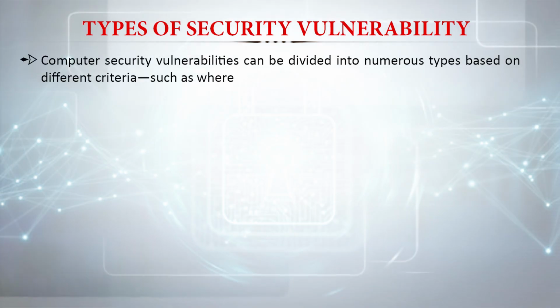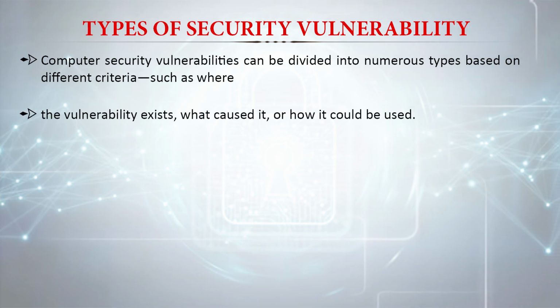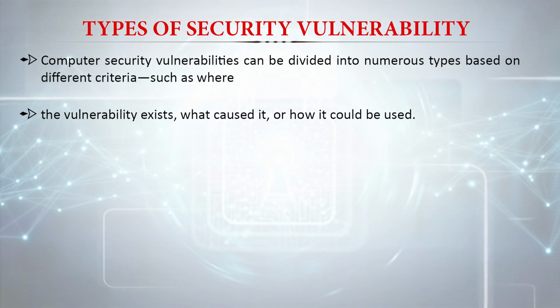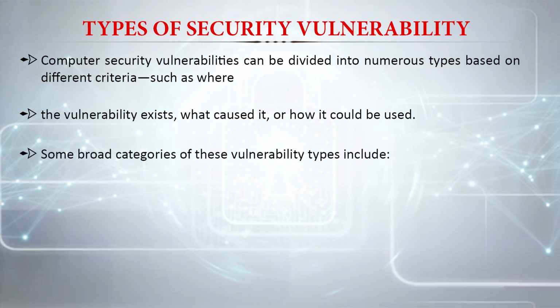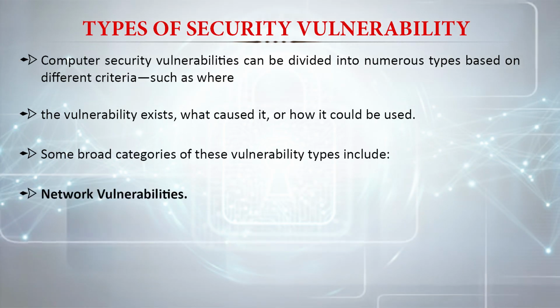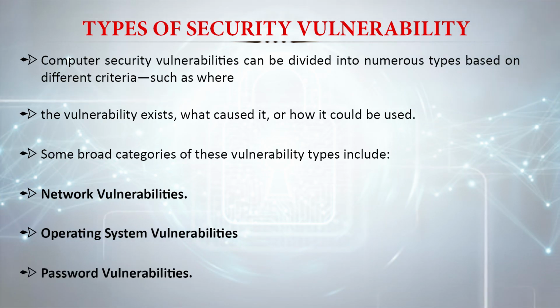Types of security vulnerability we also listed. Computer security vulnerabilities can be divided into numerous types based on different criteria, such as where the vulnerability exists, what caused it, or how it could be used. Some broad categories which we have discussed in detail are network vulnerabilities, operating system vulnerabilities, and password vulnerabilities.